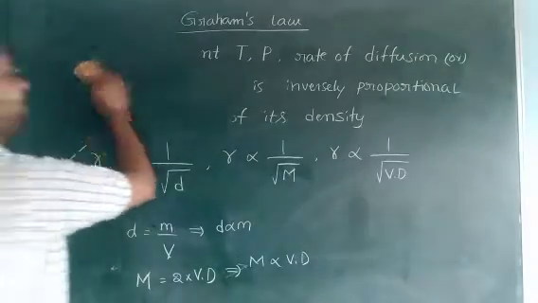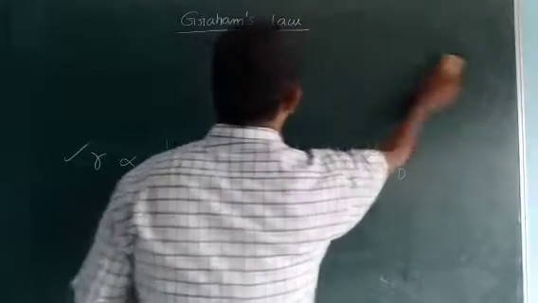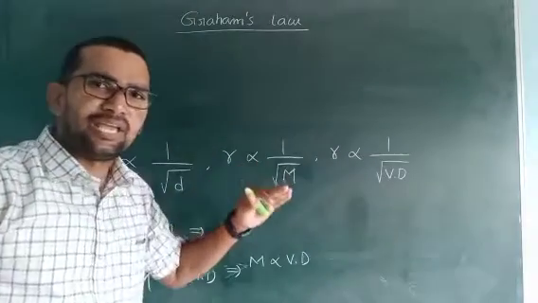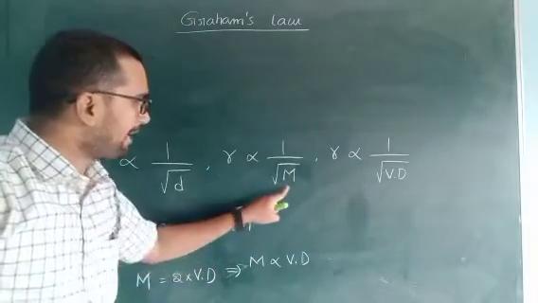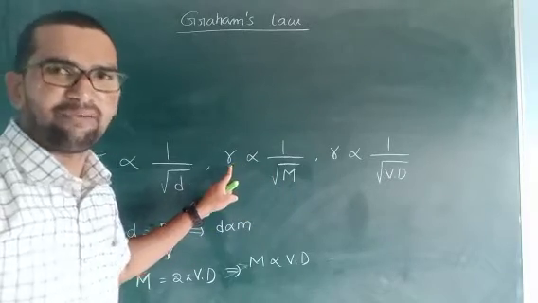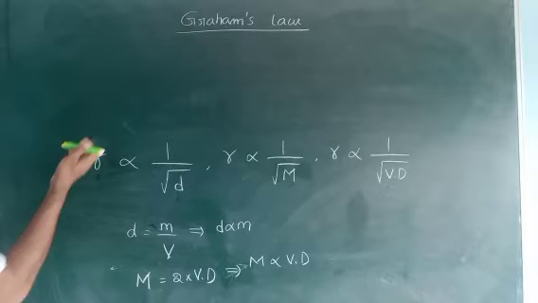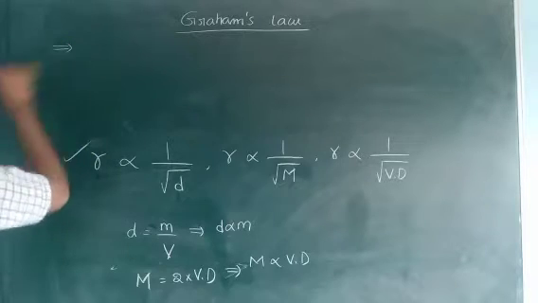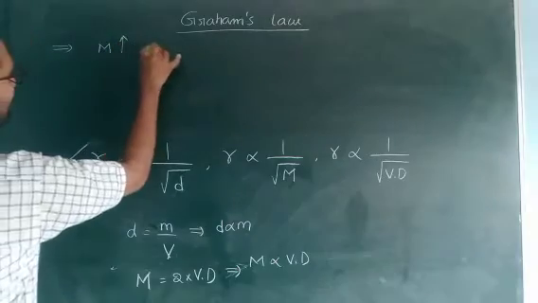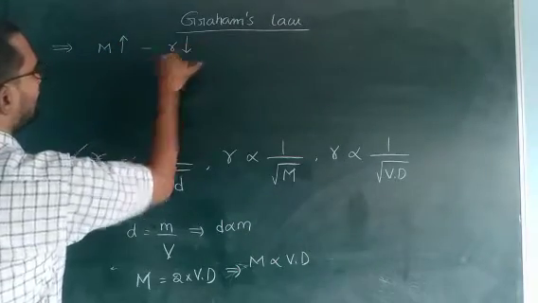So it is very clear. Inversely proportional means what? If the M value increases, the rate of diffusion decreases. So if the molecular mass value increases, what happens? The rate of diffusion decreases.